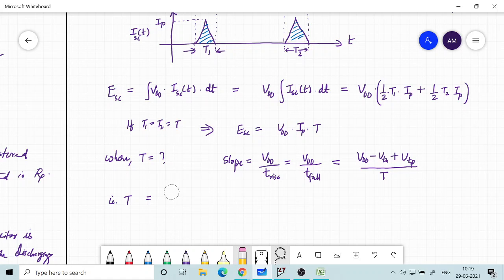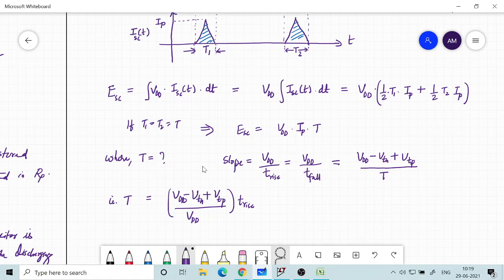I will write it as VDD minus VTN plus VTP. Keep in mind that VTP is a negative quantity. So this divided by VDD, into T rise.